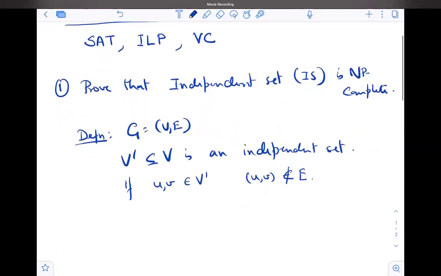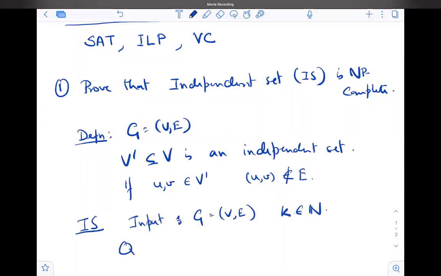The independent set problem, IS, says that the input is a graph G and a number K, which is a natural number.